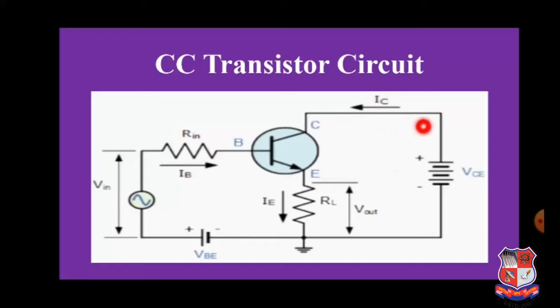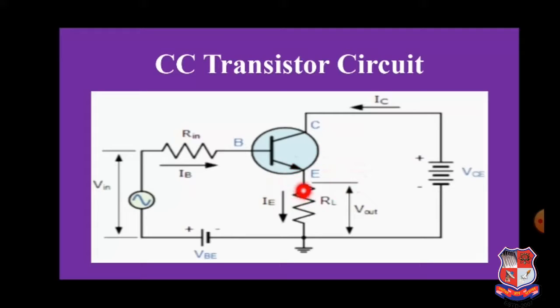The second junction, where the collector current is approaching the collector terminal, is connected to the VCE terminal, that means collector to emitter voltage, which is again in forward biased condition. Now we will look at the characteristics of this particular common collector transistor circuit. But what will be the major effect of this emitter profile?